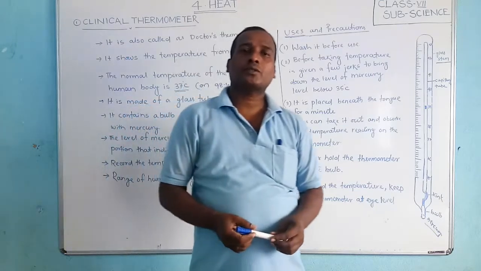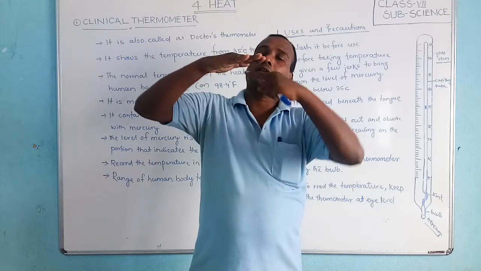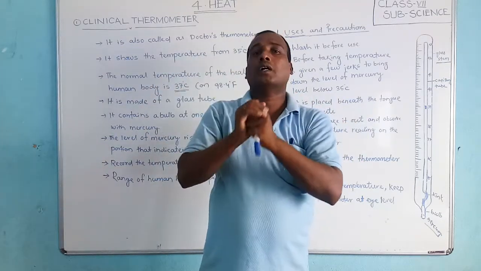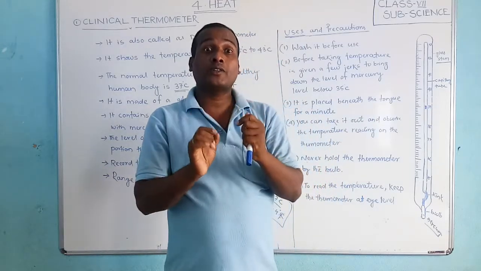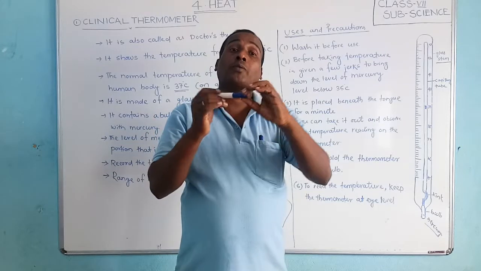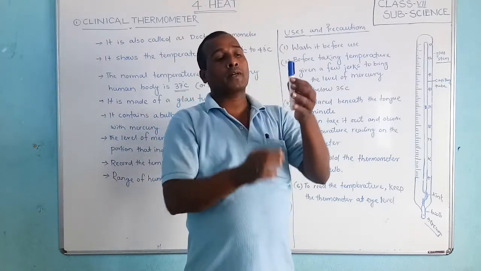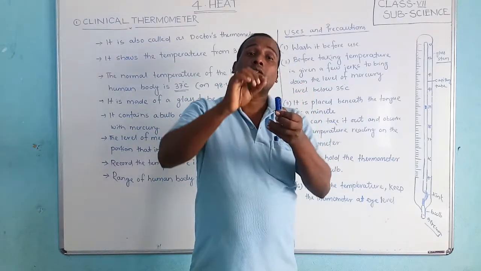How much time will it take, friends? One minute. You keep it beneath the tongue, like this, and you have to keep the thermometer with the bulb side under the tongue. Don't catch the bulb. Suppose this blue color is the mercury you should see. This is the bulb where the mercury is stored.